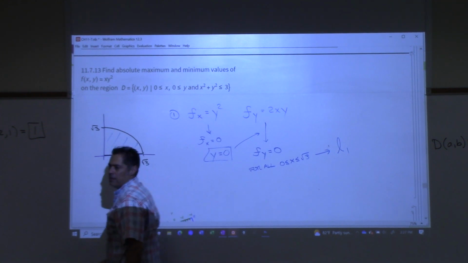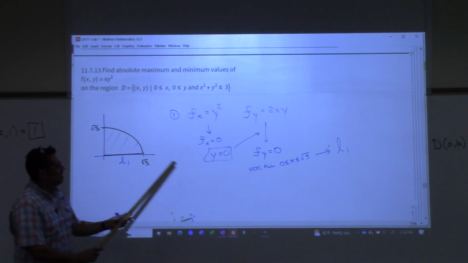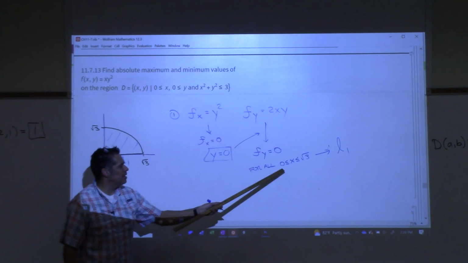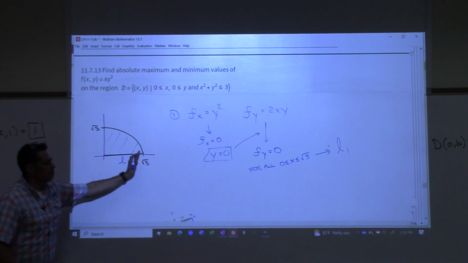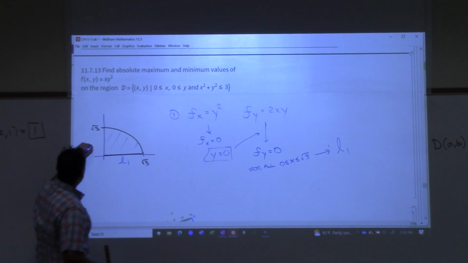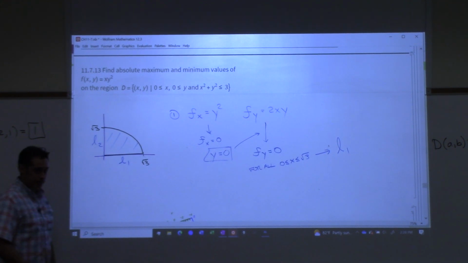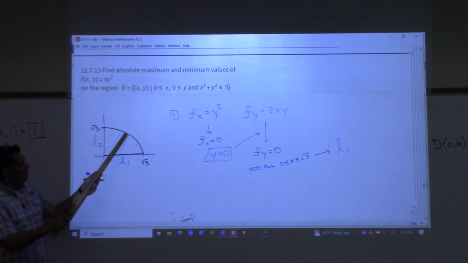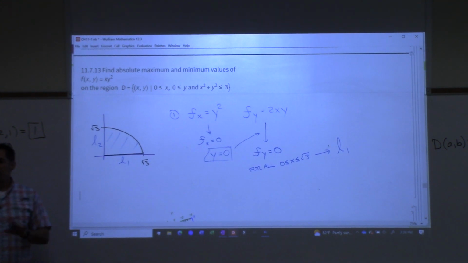L1 covers all these points where the y coordinate is 0 and the x is between 0 and root 3. And then let's make this be L2. And then the other boundary is this one right here. Now, I could call it L3, but L has meant line, so I'm going to put C1 for curve 1, all right?